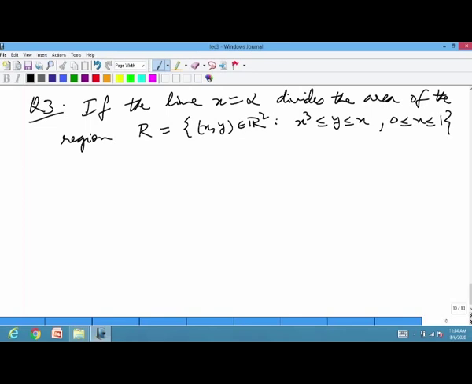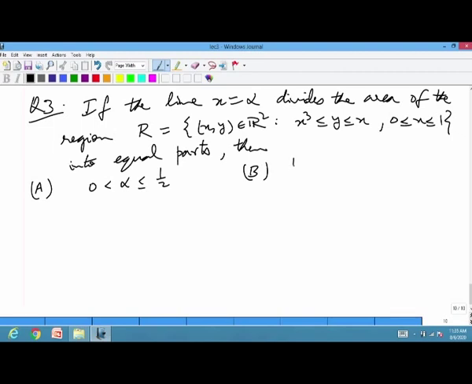So, the line x equal to alpha divides this region into equal parts. Then which of the following options are correct? The first option is alpha is greater than 0 and less than or equal to half.